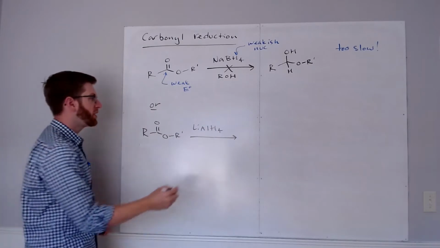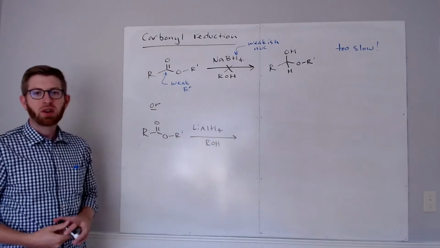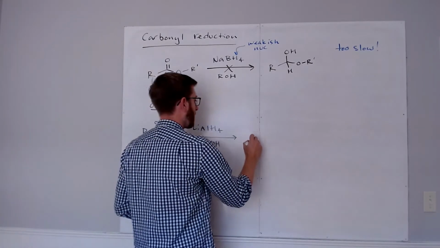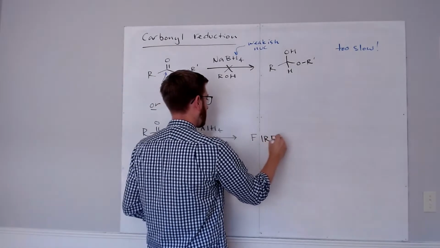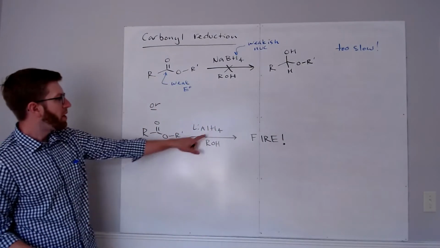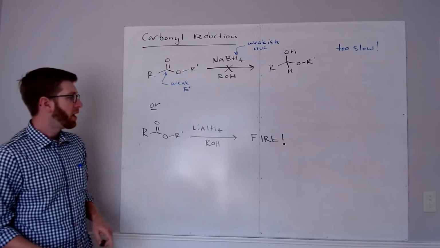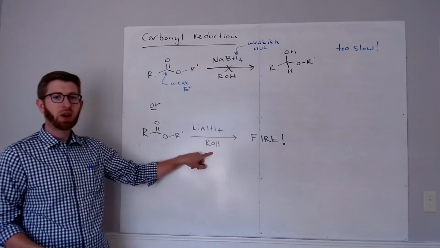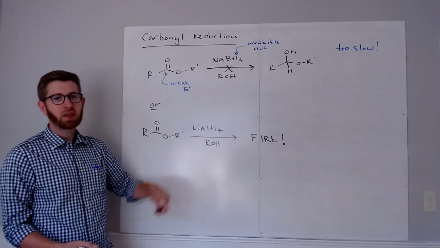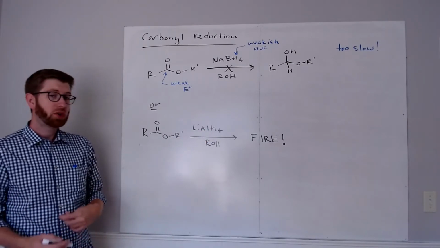First of all, if we did this with an alcoholic solvent, we actually just start a giant fire. And that comes from the fact that while we're making these hydrogens more nucleophilic, we're also making them more basic. And if you present them with ROH, we actually deprotonate the solvent with H- to make H2, which is flammable.